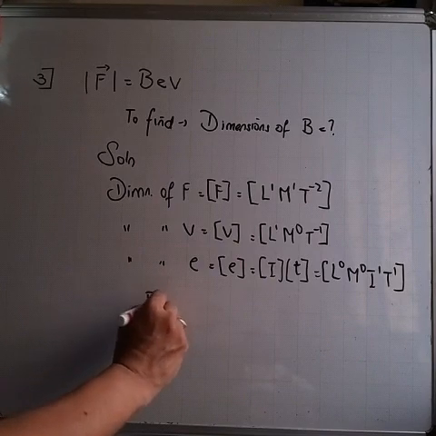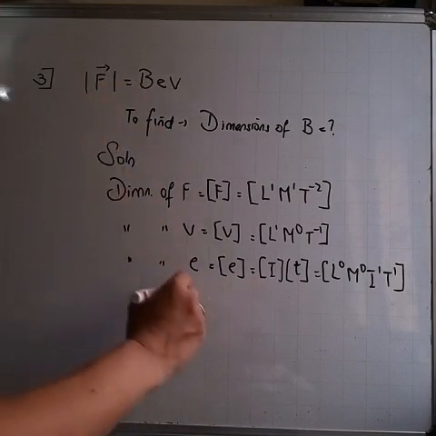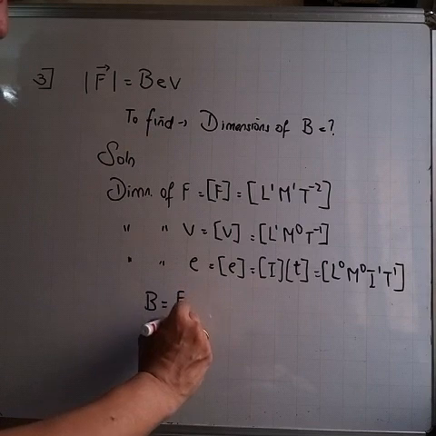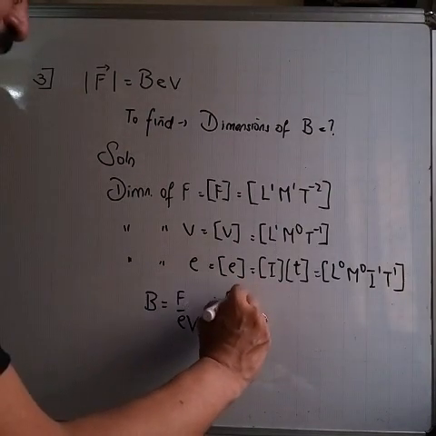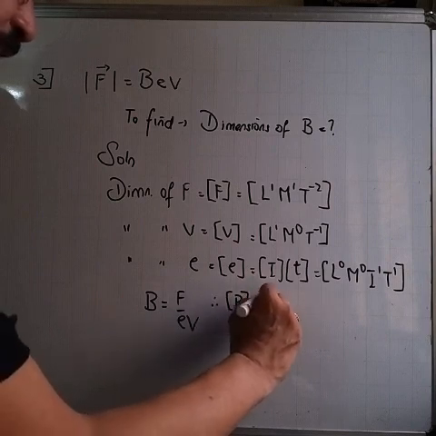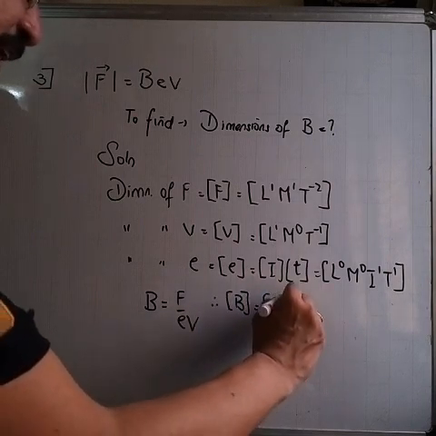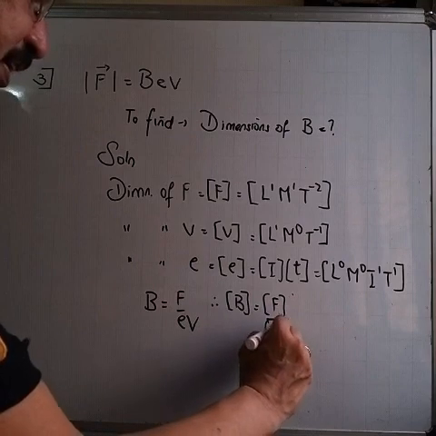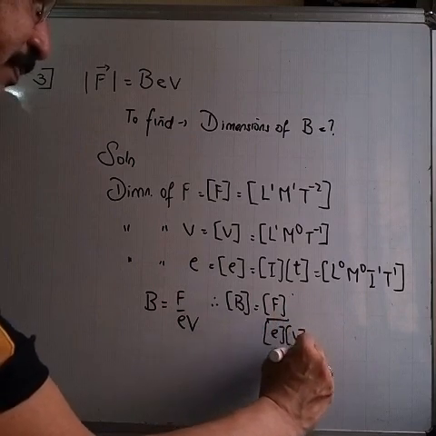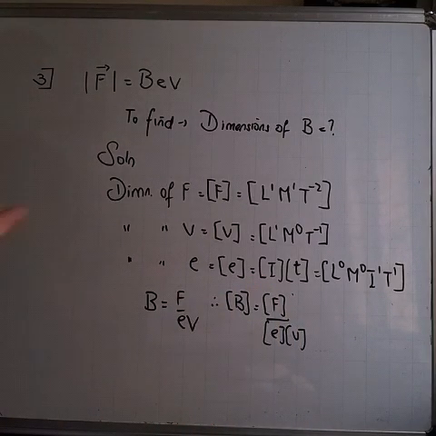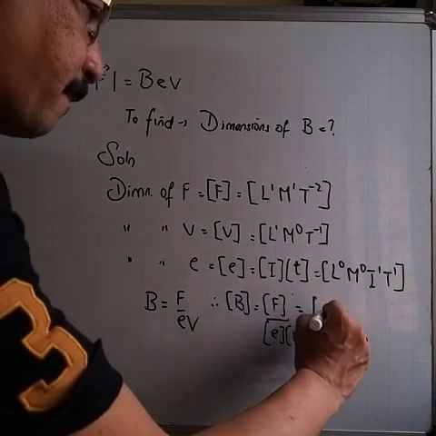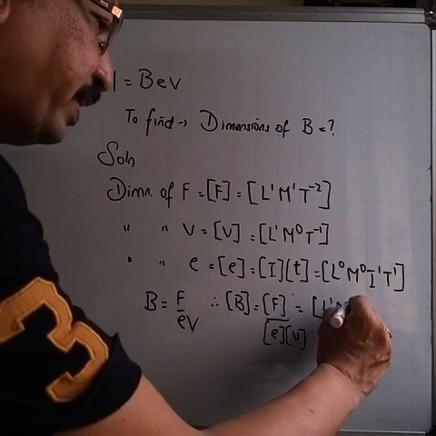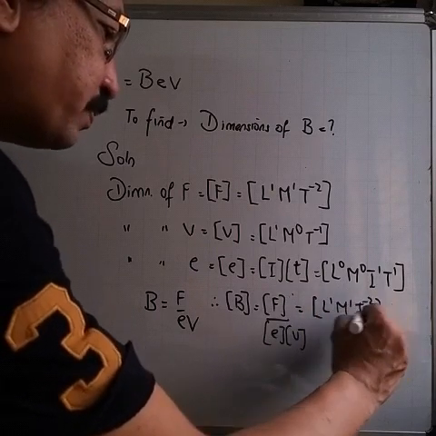Now our formula: B will be F upon EV. Therefore, dimension of B will be dimension of F upon dimension of E into dimension of V. Now what we'll do? Simply put the values. F is L1 M1 T raised to minus 2.